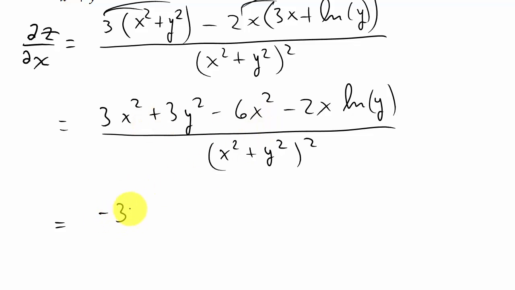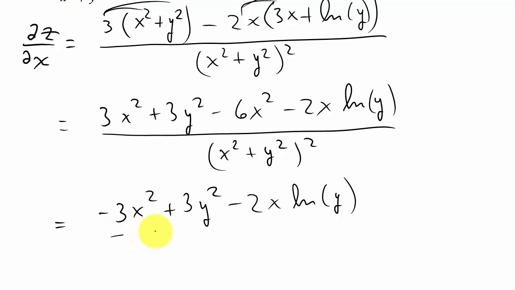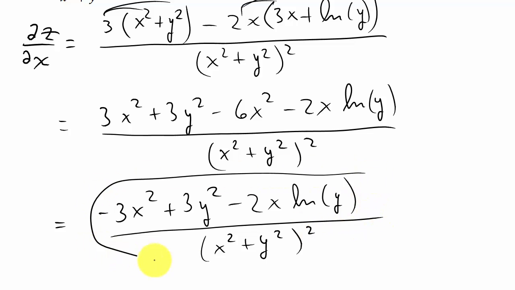That's going to be negative 3x squared plus 3y squared minus 2x natural log y over x squared plus y squared, squared. And that would be your answer. See, it's not very difficult. All right, let's do the other way.